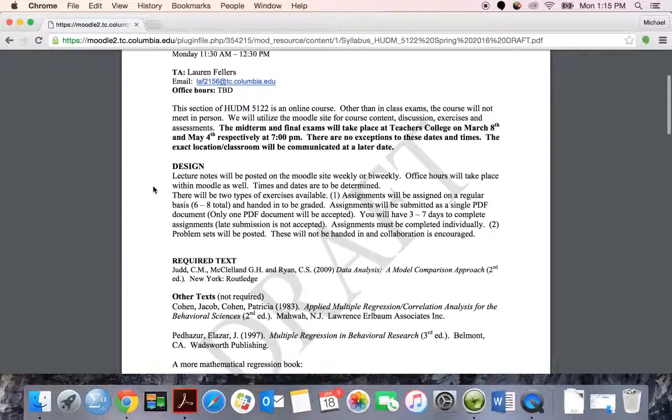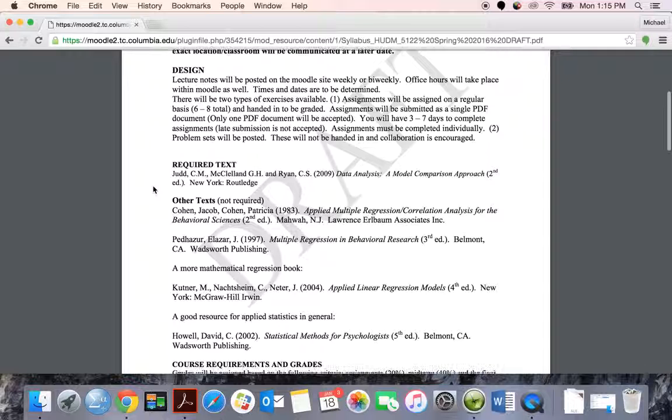So the design of the course, and I'll go through this on the other page, is that you have lecture notes. These notes don't come every week, but they are organized around the central topics of the course, and later in the syllabus you see the actual schedule of the different topics we'll cover.